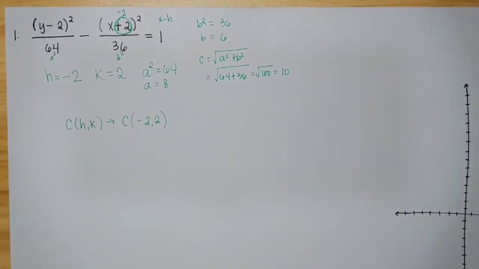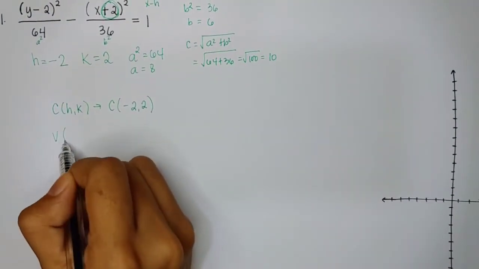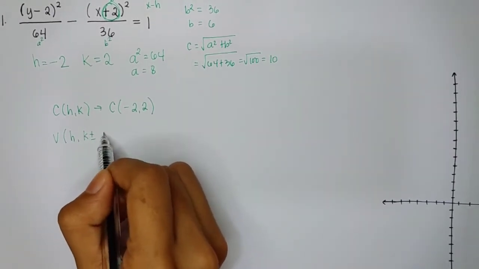Then we have our vertices, V: (h, k plus minus a).